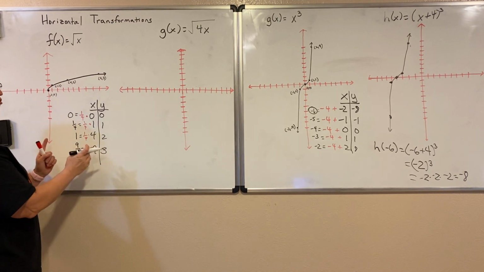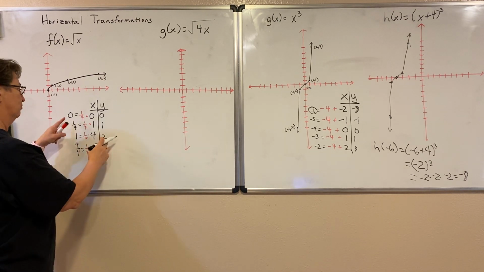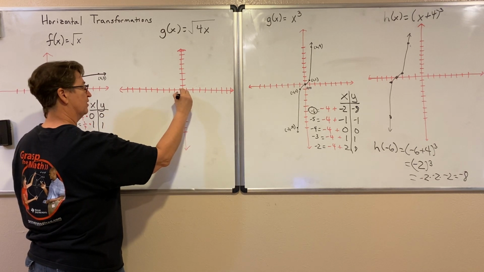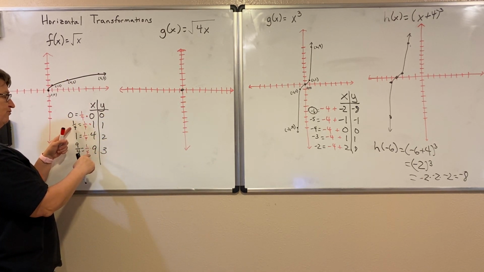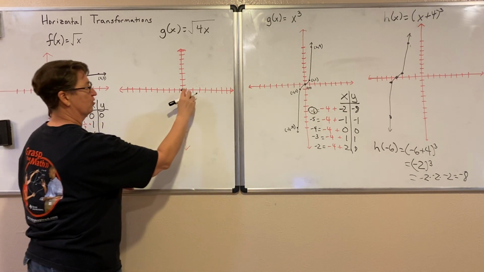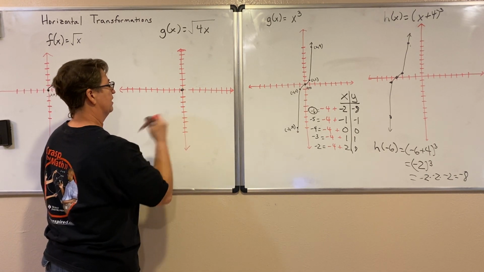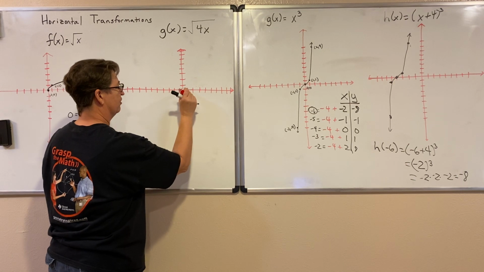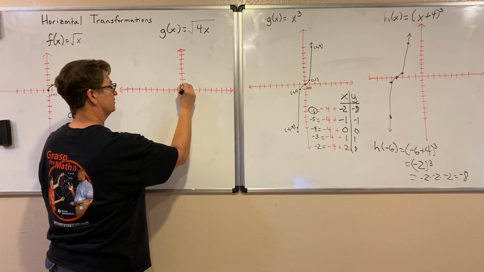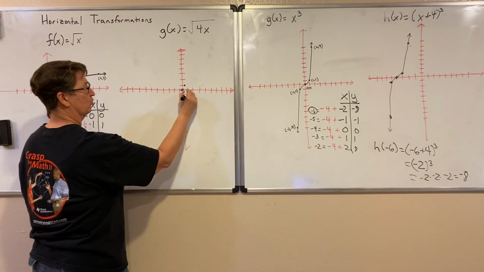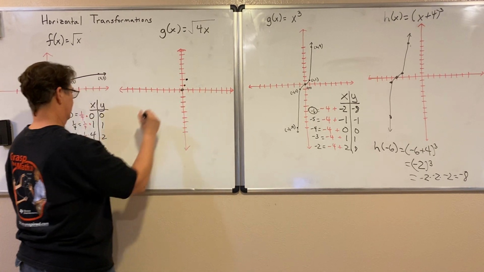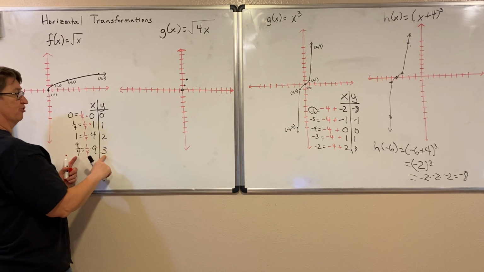So I have these new points on this new function. There's a point at 0, 0 still. There's a point at 1/4, 1, so barely over, at 1/4, 1. There's a point at 1, 2, and a point at 9/4, 3.